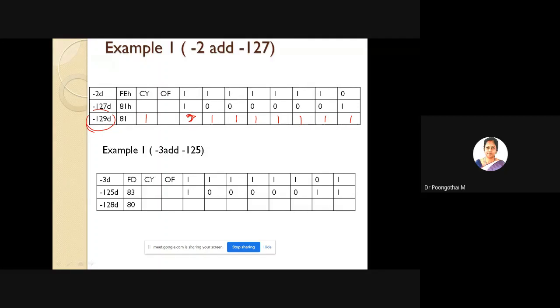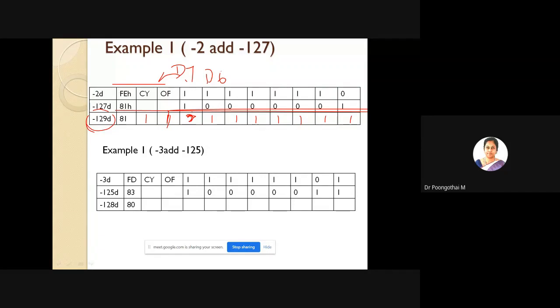Based on your overflow condition, there is no carry from bit 7, and there is a carry from D6. So the overflow flag is set to 1 in this case.